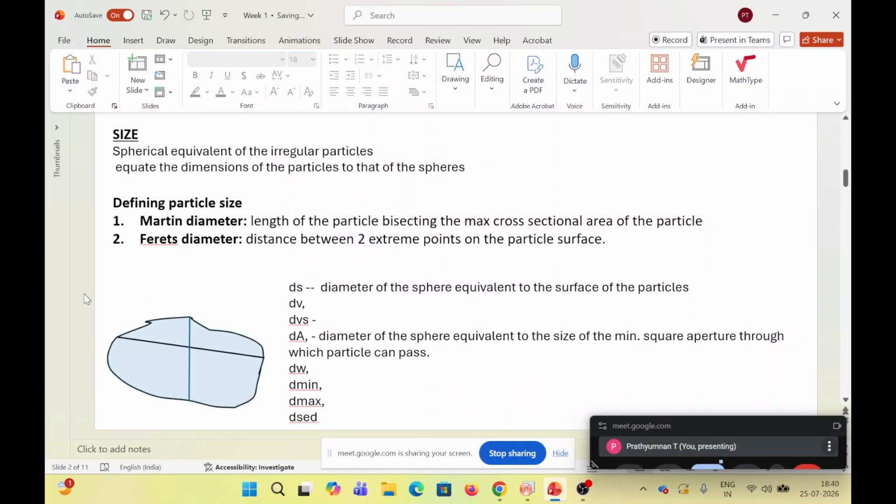You see an irregularly shaped particle, and one is the Martin's and another one is the Feret's diameter. Martin's is the length of the line bisecting the maximum cross-sectional area of the particle. Feret's is the distance between the two extreme points on the irregular particle surface. Now, what is going to be common in both?